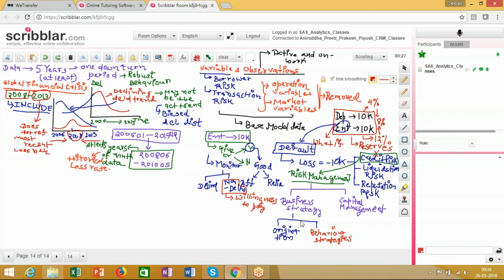So what exactly is a capital management strategy? The question that comes out is, if Mr. Ambani is on my books, why would I need a capital management strategy, and what should I do in a capital management exercise? How do I manage risk with capital management? So what I'll do over here is I'll keep on monitoring this, and against Mr. Ambani's name, I'll keep aside some amount of funds.